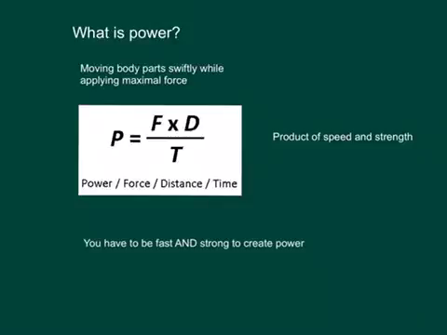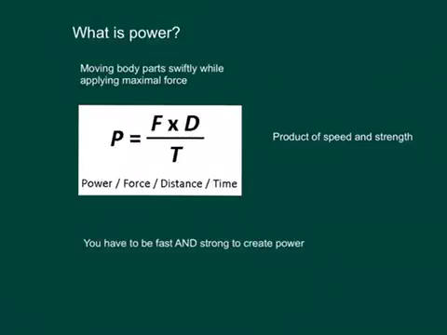What is power? Simply put, it is moving body parts swiftly while applying maximal force. Now you see on the graphic I have the scientific mathematical formula for power, and it's power equals force times distance over time. Again, force times distance is work, and we would look at that as the strength in moving an object over a distance over time, and that would factor into speed.